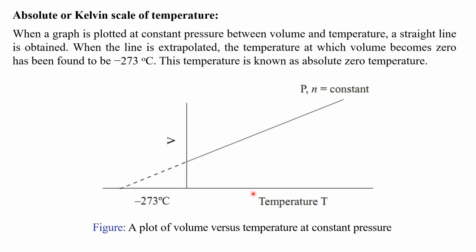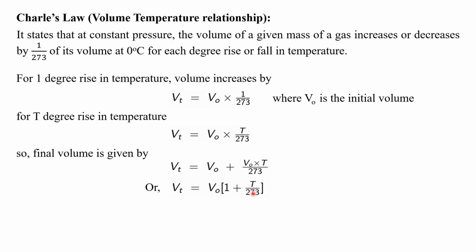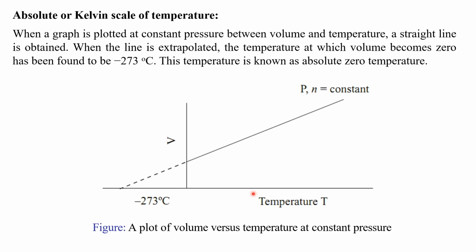Then the concept of the absolute Kelvin scale of temperature. When a graph is plotted at constant pressure between volume and temperature, a straight line is obtained. So if we plot Vt versus T, where V0 is the initial volume, again we get a straight line, but with an intercept here.